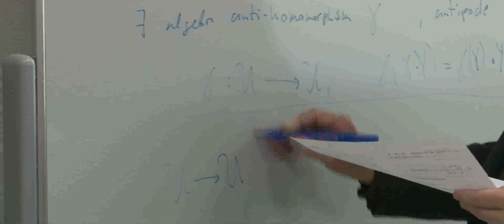And then there is an additional axiom which connects the three operations together. This will act now from the Hopf algebra U to U, and it will be the following sequence of operations.